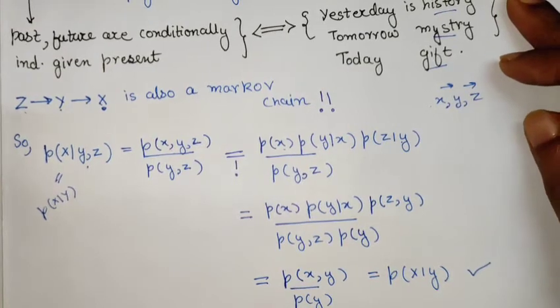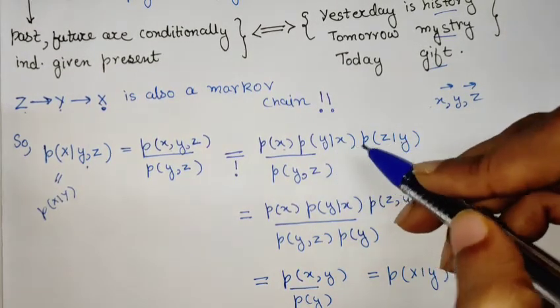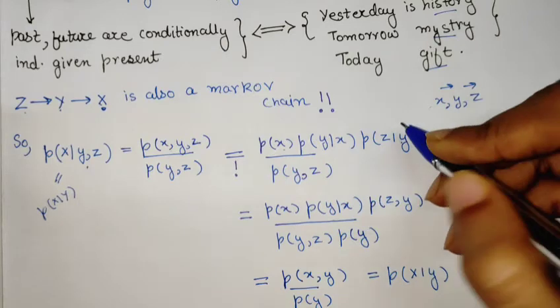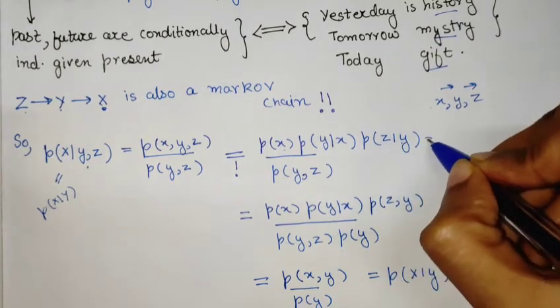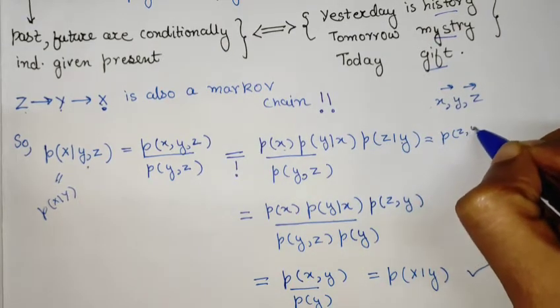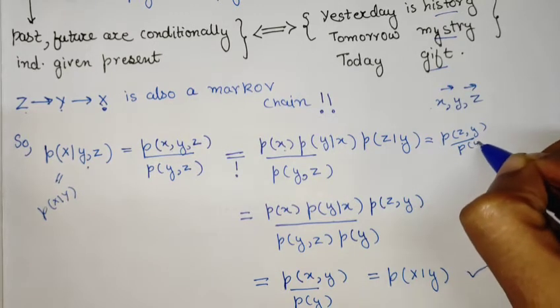Then from here to here, we just write p of z given y as p of z comma y divided by p of y.